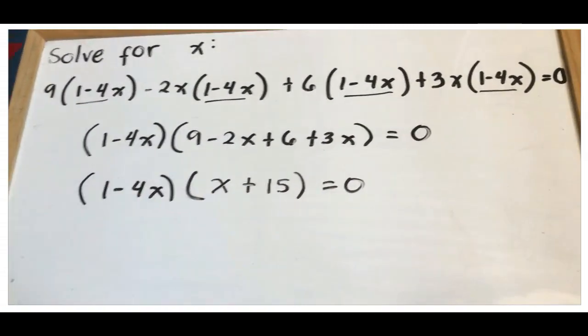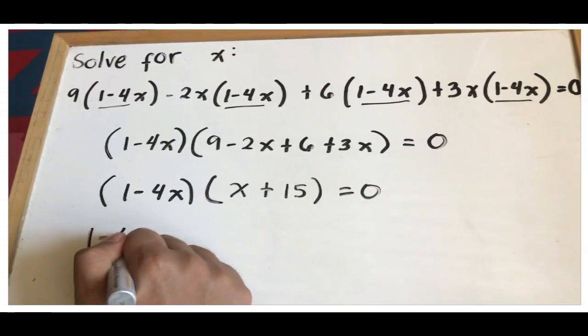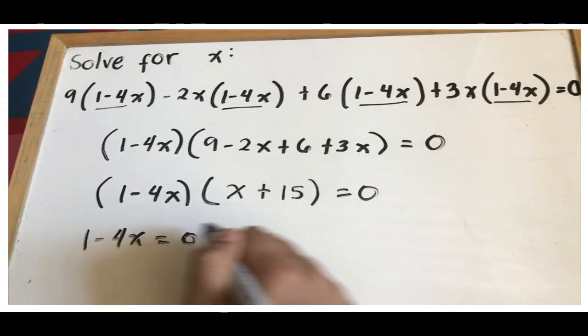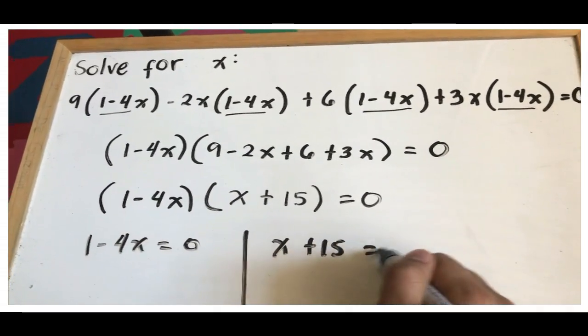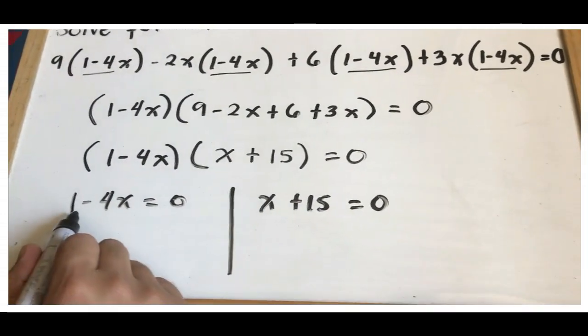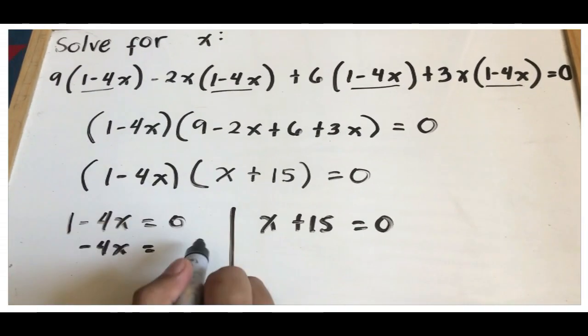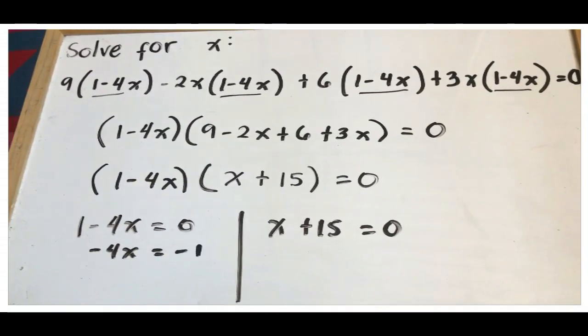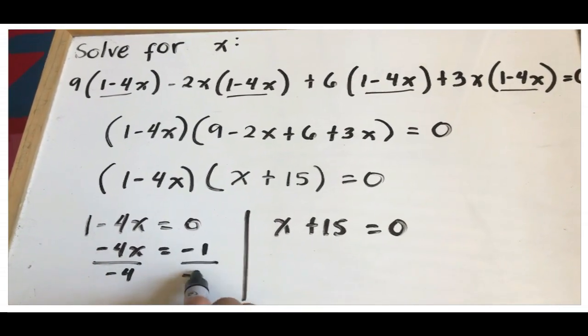Since naka-factor out na siya, equate na natin sa 0. So, 1 minus 4x is equal to 0. And x plus 15 is equal to 0. Kunin natin ngayon yung value ni x. So, negative 4x is equal to, transpose natin, negative 1. Finally, divide by negative 4.